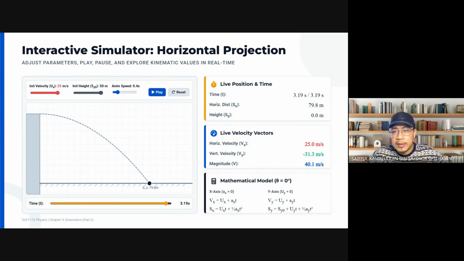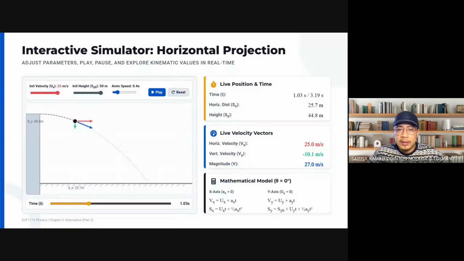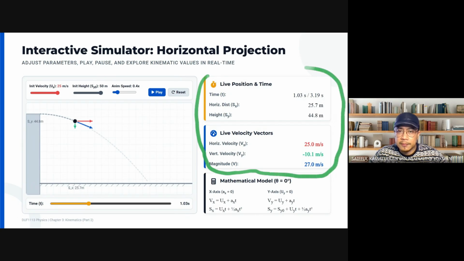So I could ask you a lot of questions based on this projectile motion, things that I could ask you.